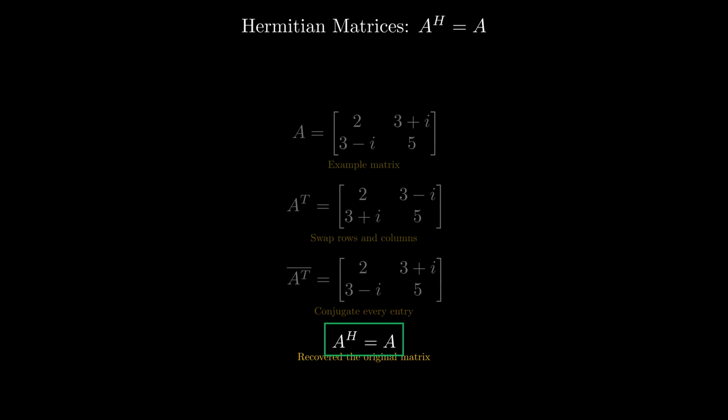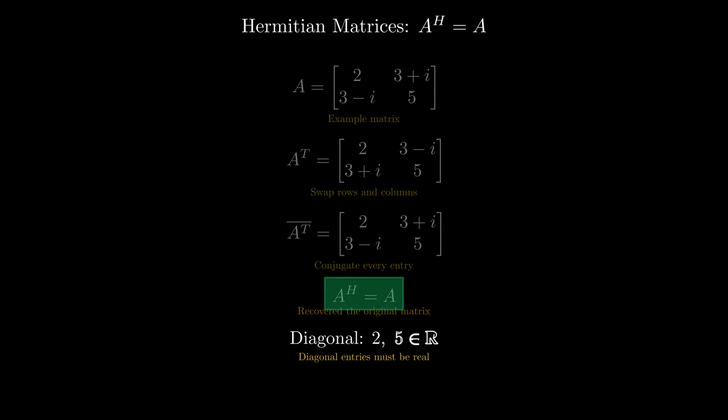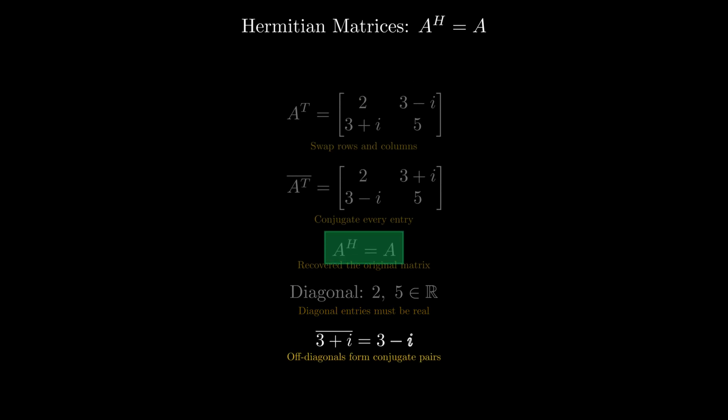Now look at the structure of this matrix. The diagonal entries, 2 and 5, are real numbers. They have to be real, because a Hermitian matrix requires each diagonal entry to equal its own conjugate. The off-diagonal entries, 3 plus i and 3 minus i, are complex conjugates of each other.